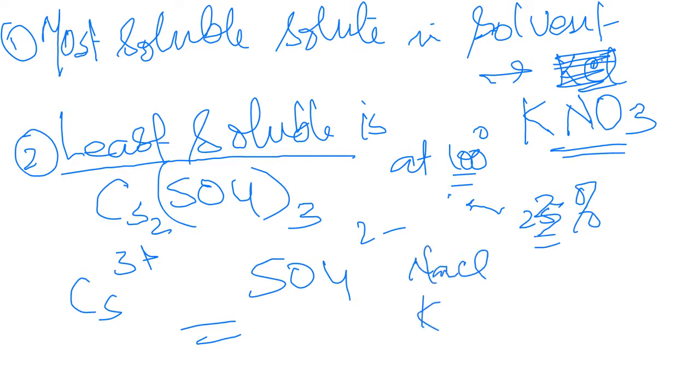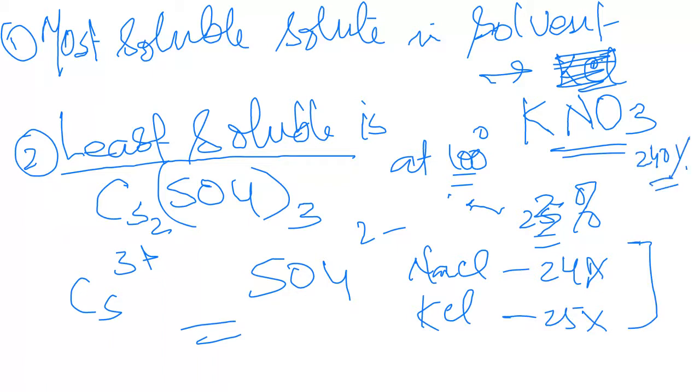NaCl and KCl, this is 24%, this is 25%, right? They are soluble. This one is around 240% soluble. It is given in the graph, 240% soluble. Sodium bromide is around 110.